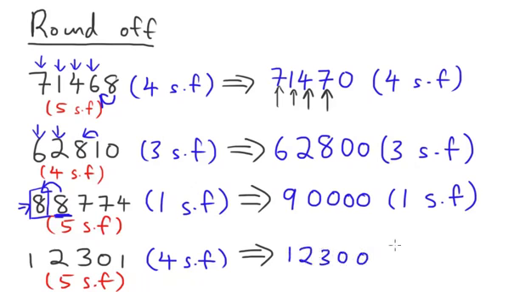This number could be written in 3 significant figures or 4 significant figures. In this case, it is 4 significant figures. It means the 1 is significant, 2 is significant, 3 is significant, and the first 0 here is significant, but the last one is not significant. This kind of number is sometimes very subjective.